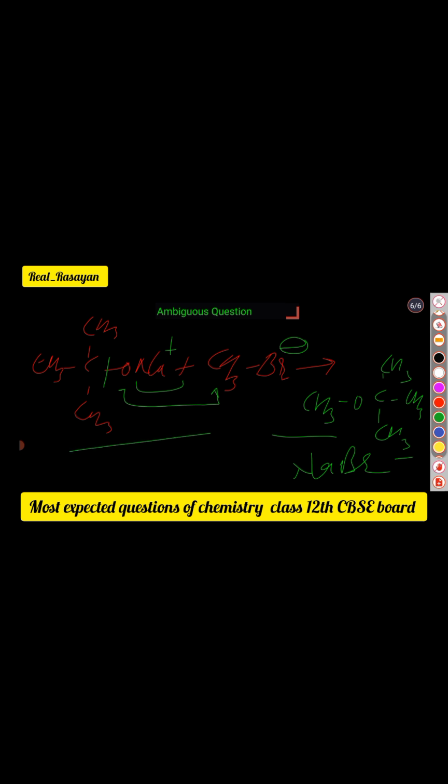So you must remember the product of this reaction. When will be the breakdown of the bond of carbon to form the carbocation? If primary alkyl halide is there, formation of ether takes place.